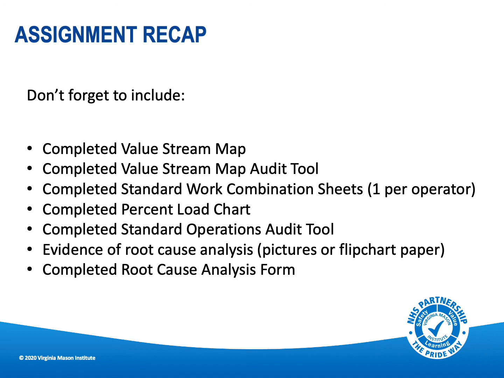Use your cycle time observation forms again, this time to complete your percent load charts to show the work of each operator. And lastly, you will need to carry out a 5 whys or affinity diagram for a problem within your area and then complete the root cause analysis form.